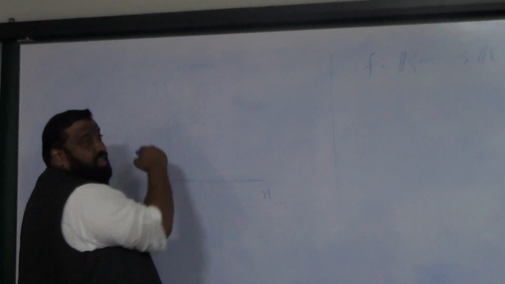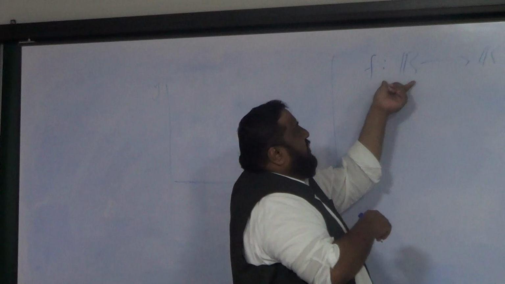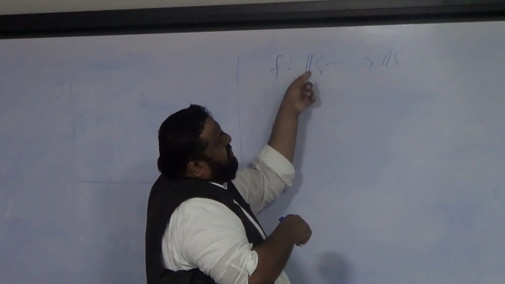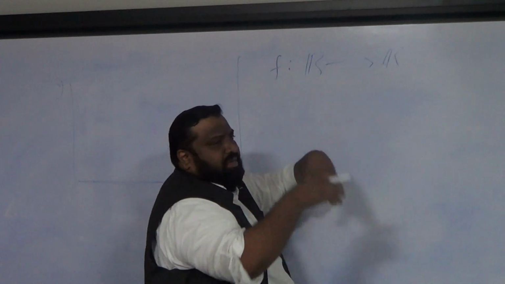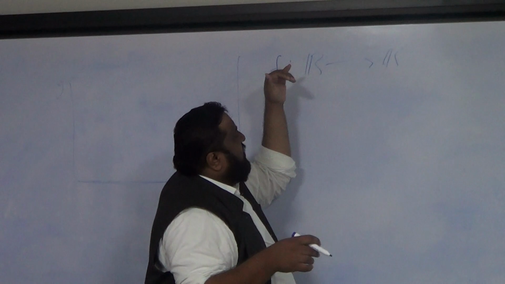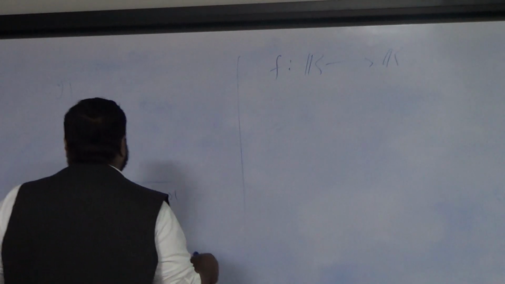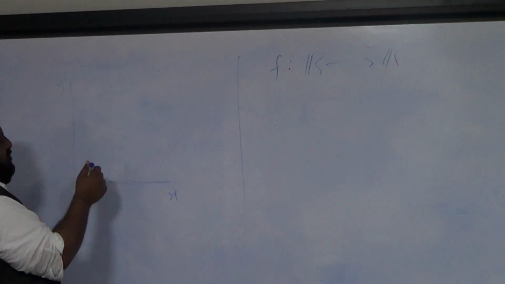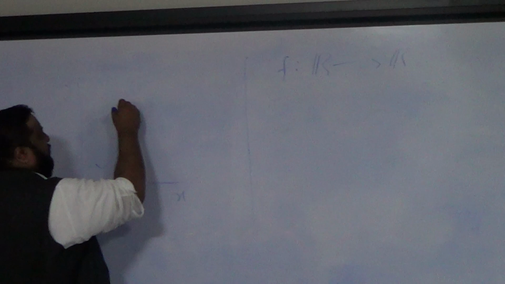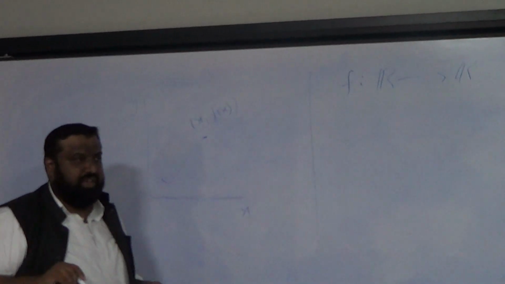What we are saying is that from this domain, f is operating onto the entire R, or maybe some part of R, and throwing that into R. If you want to graph it, you need to plot all of the points of the form x and f of x.